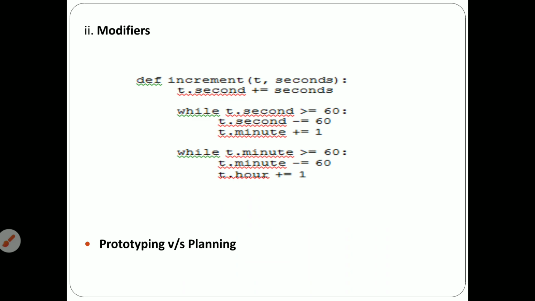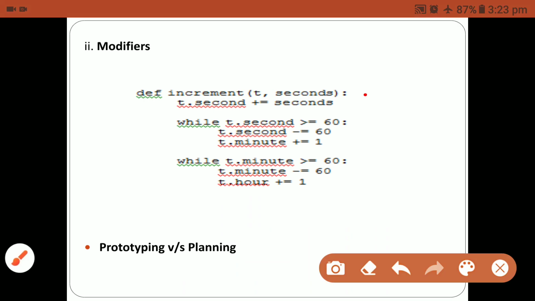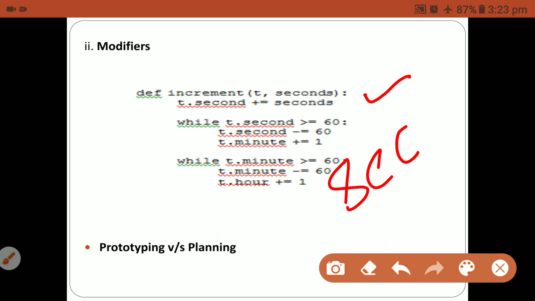So in this example, initially I'm adding the argument seconds to t dot seconds. I'm adding the argument, this one adding argument.